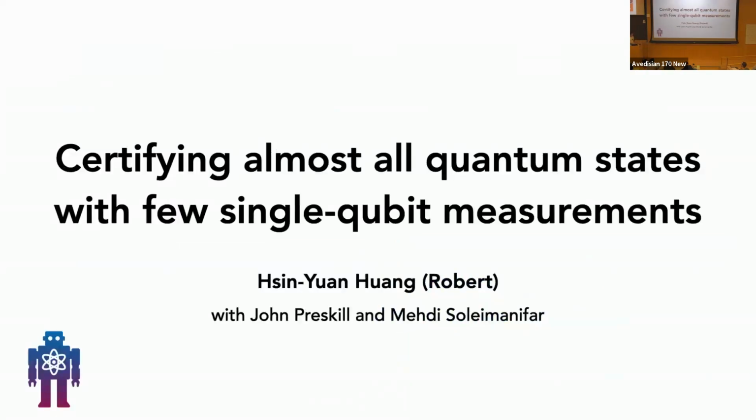But now I wanted to dive into something that I didn't have much time to talk about. This is a recent paper with John Preskill and Mehdi Soleimanifar, where we consider the problem of certifying quantum states using few single qubit measurements. We've seen that when we allow entangling gates and Clifford circuits, then we can certify them efficiently, from the question that you guys thought about.